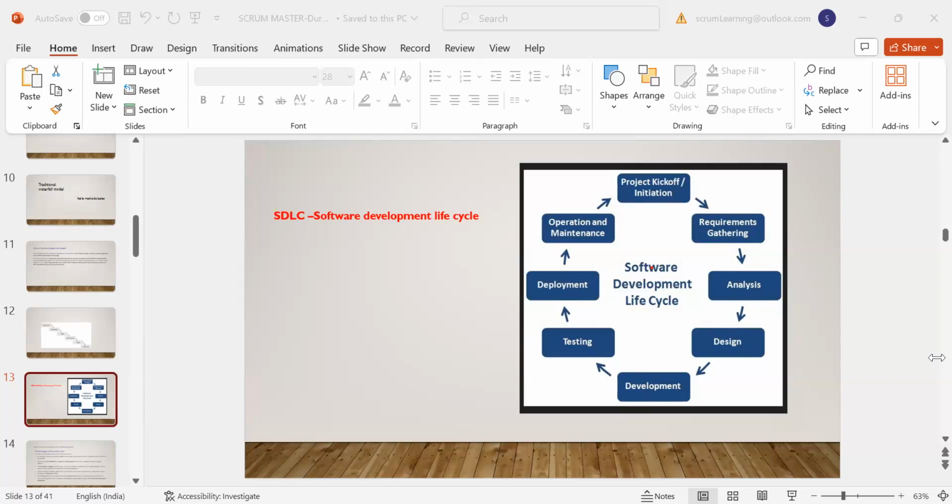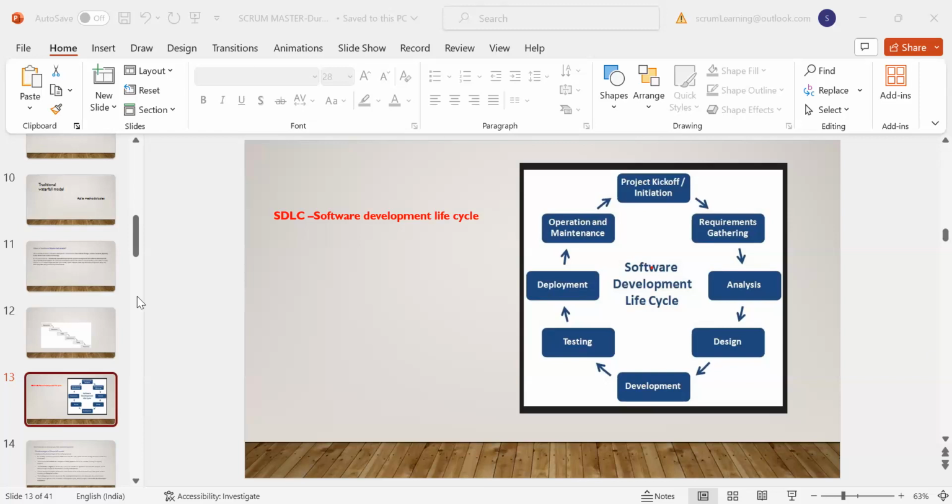Our job is not where to deploy. Our job is to see that our people are given all the resources to work properly. That is the Scrum Master role.